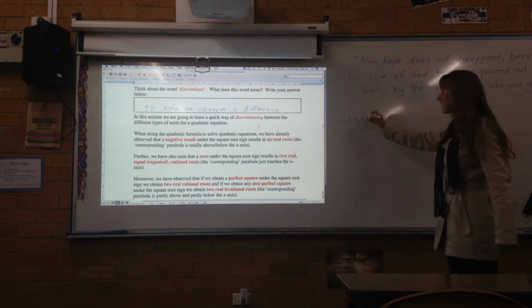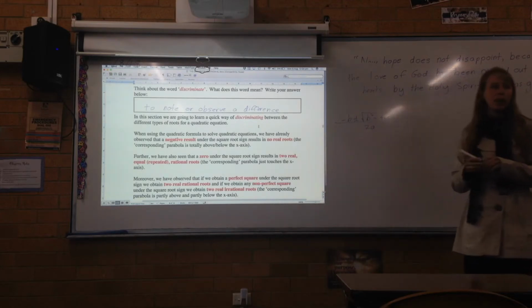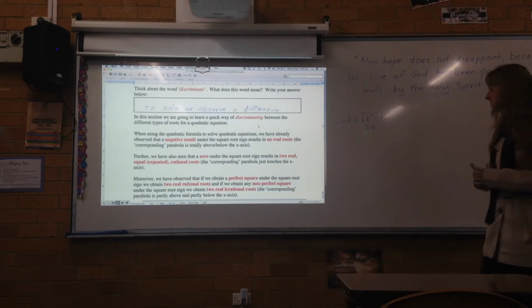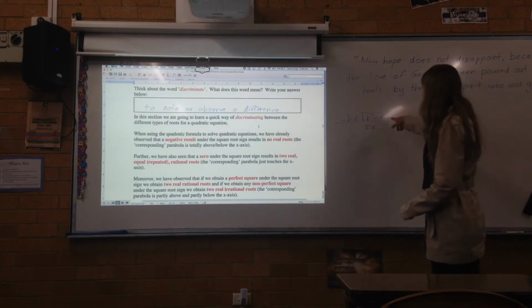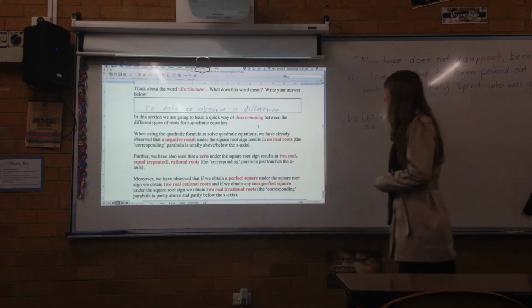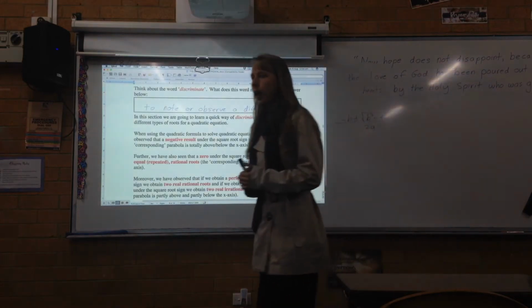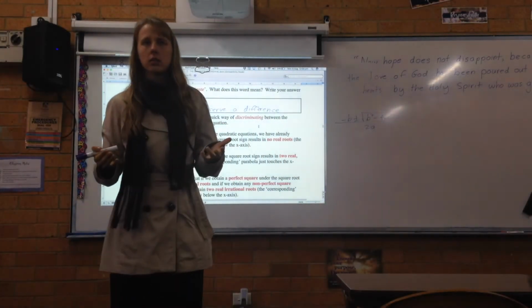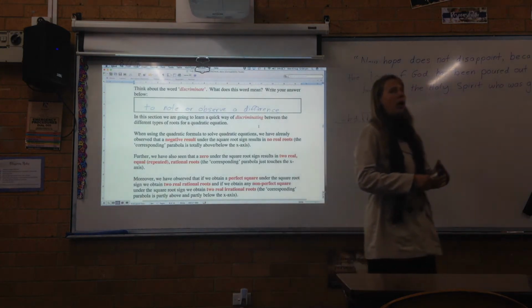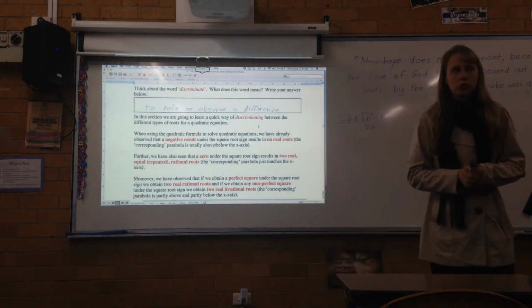We've noticed that what is under the square root sign here affects what the roots are going to be like. If this 4ac is larger than b squared, what do we get? A negative number.